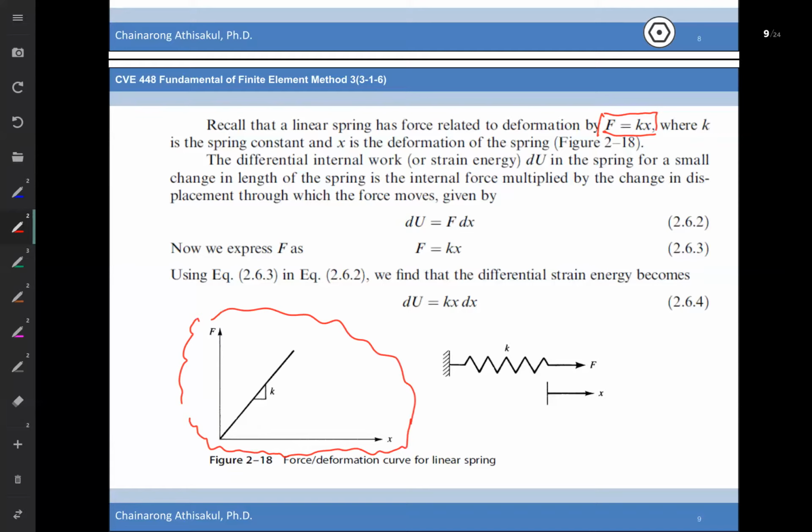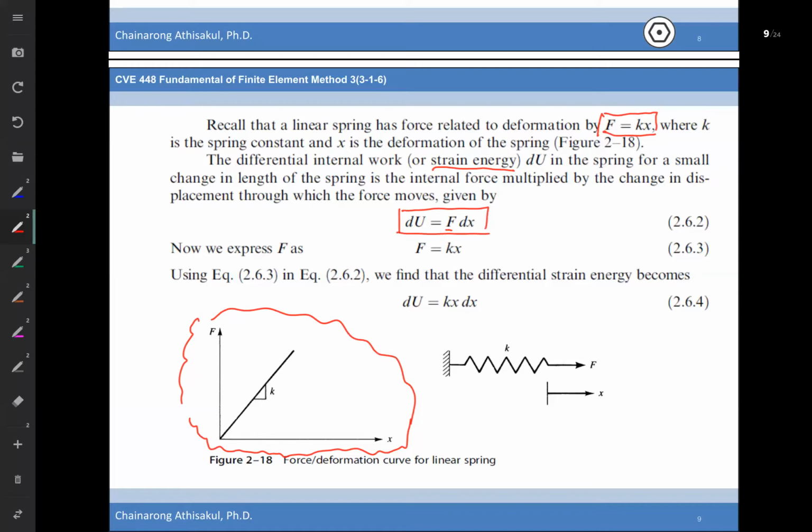And if we consider the differential internal work or differential strain energy, represented by dU, and F represents the internal spring force, the strain energy or the work done due to the internal force can be represented by this equation: dU is equal to F dx.